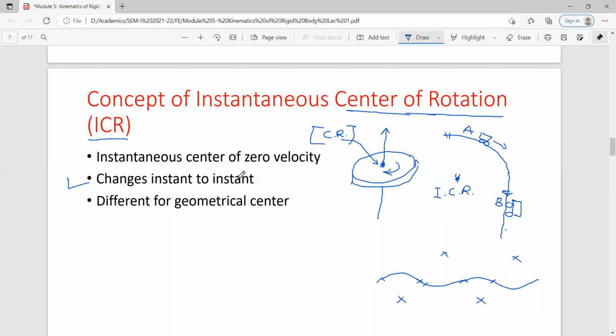when we study motion using this concept of ICR, you remember all the concepts of circular motion. So you know the concept of circular motion, that suppose there is a circular path, and on that circular path there is some object which is moving.